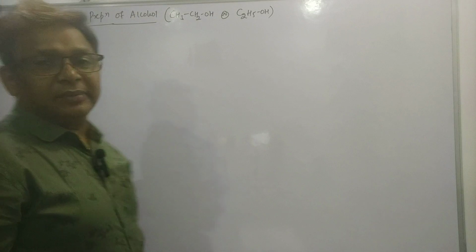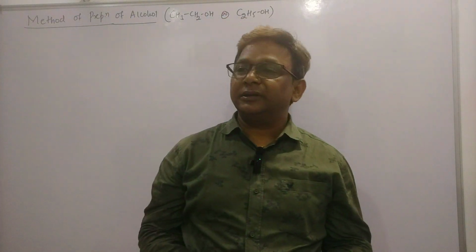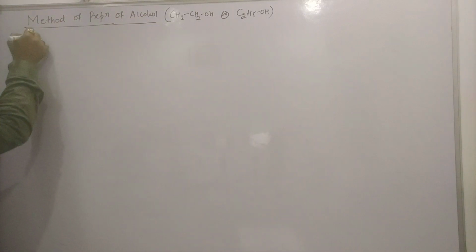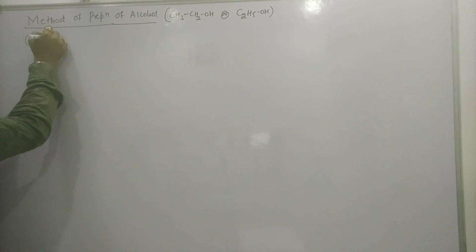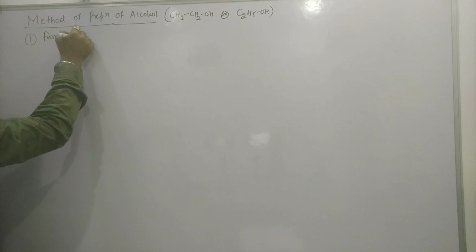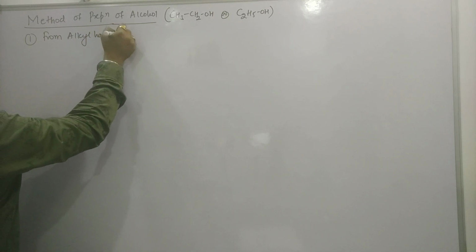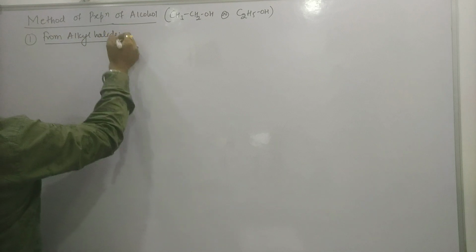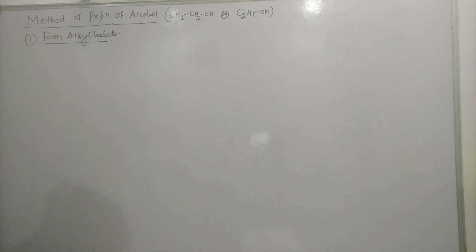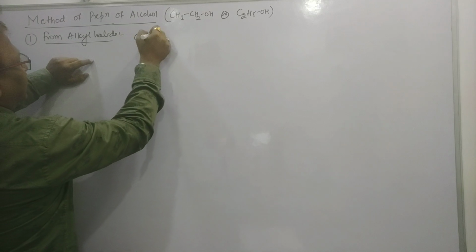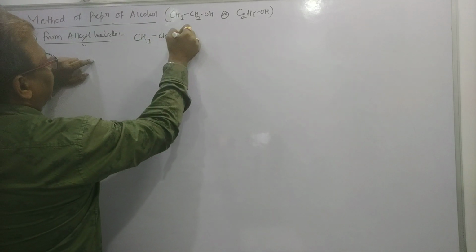But now we'll see the method of preparation of ethanol or ethyl alcohol. Ethanol or ethyl alcohol can be prepared from alkyl halide. As we know, in previous examples also we have seen, alkyl halide when treated with aqueous alkali. Let me tell you, beta, CH3CH2X.